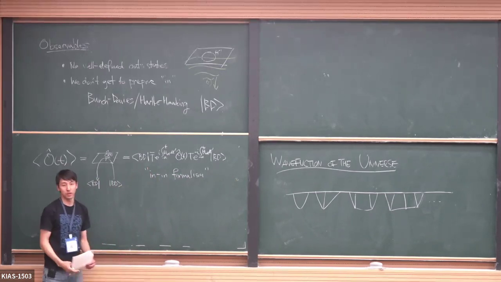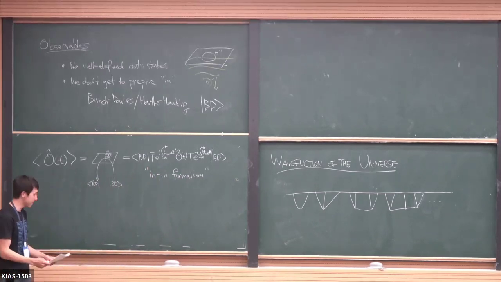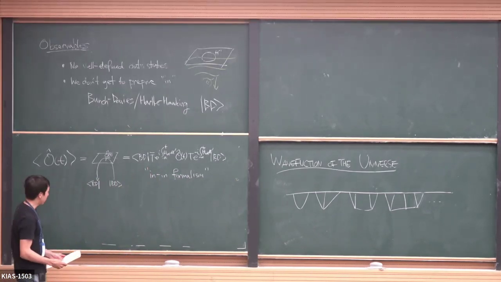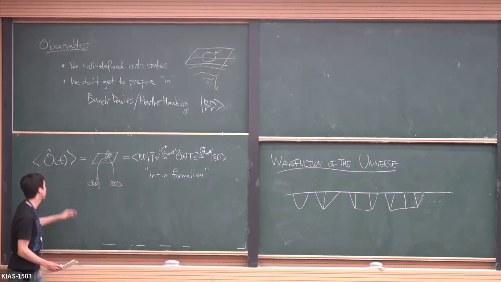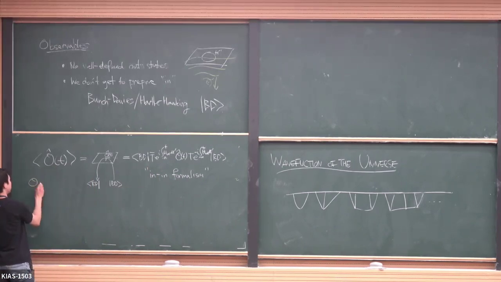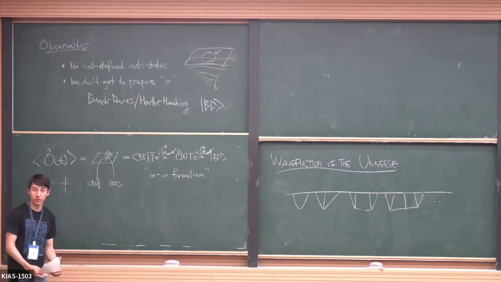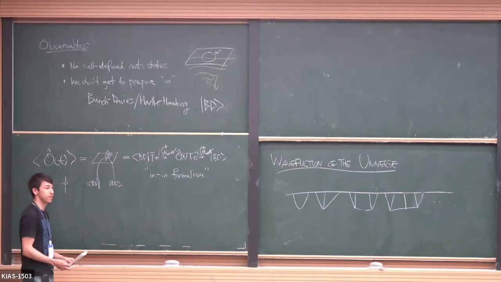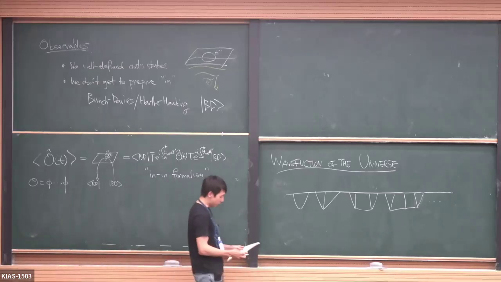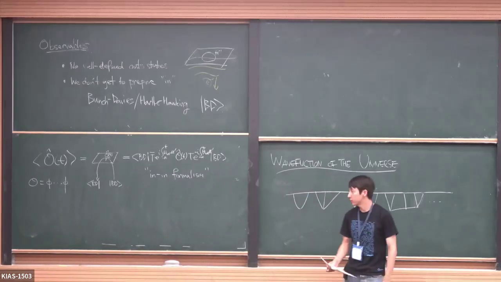There's another name for it, the Keldysh formalism. So this is basically the formula you can use to compute these correlation functions, and you can take this operator to be just a product of scalar fields if you want to compute some high-point correlation function. So that's one way of computing these correlation functions.